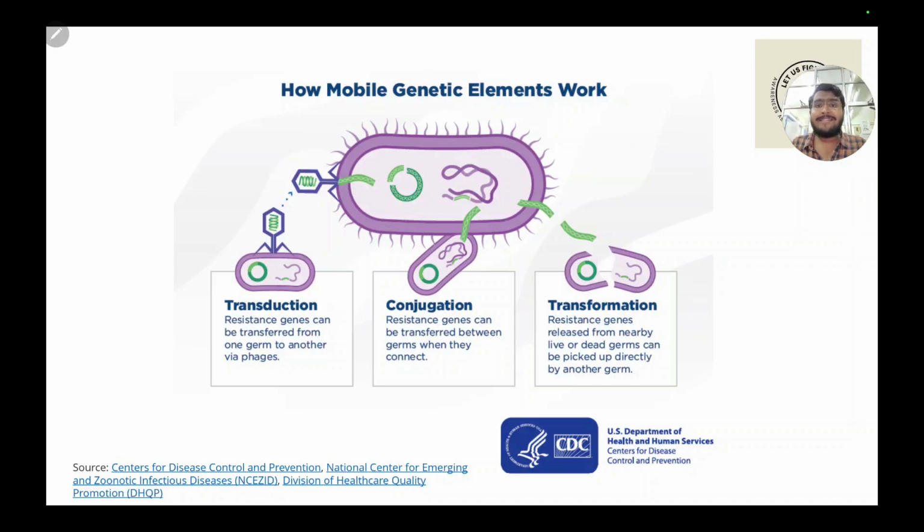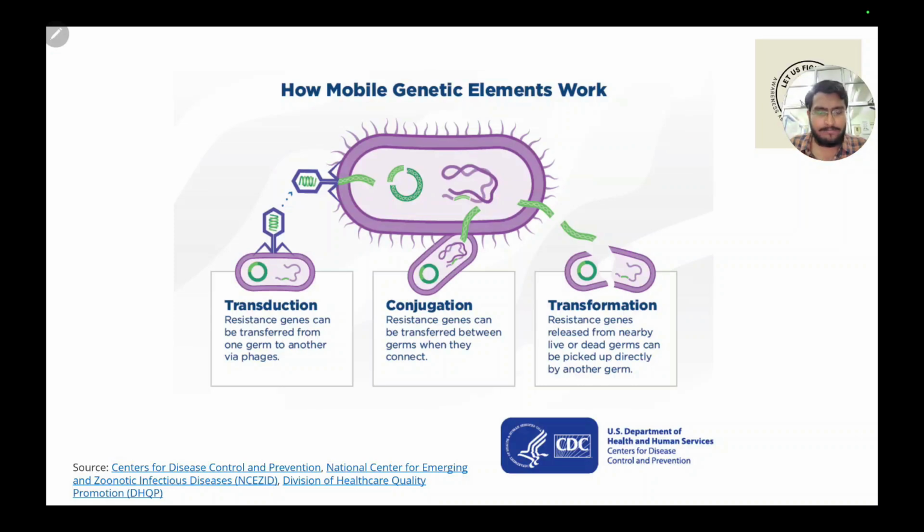Because I did not have resistance initially, I ended up picking up a gene from outside which coded for resistance. So now I have transformed from a non-resistant bacteria to a resistant bacteria. So hence the term transformation, wherein genes are picked up from the environment, from outside.